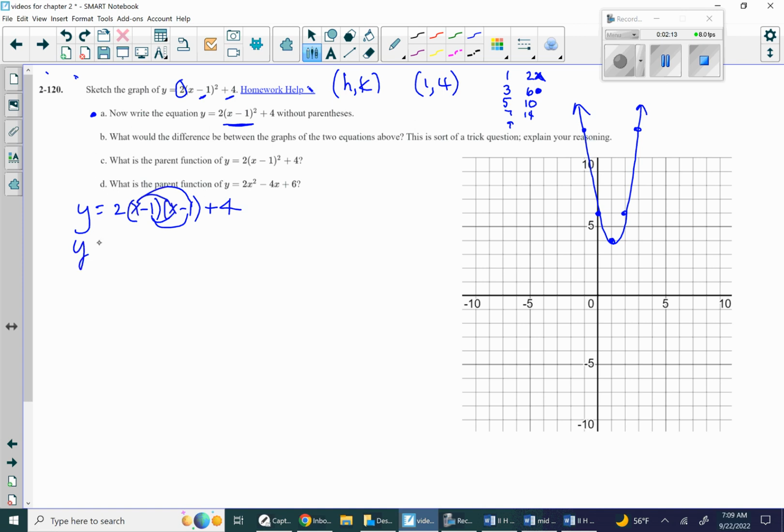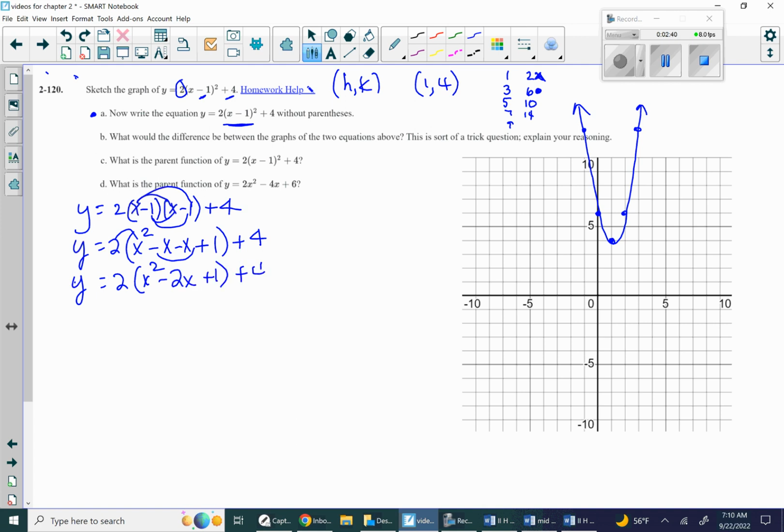So we get y equals 2 times (x squared minus 1x minus 1x plus 1), and then plus 4. Now we have to distribute this 2 fella. Well, actually, let's combine terms first. So y equals 2 times (x squared minus 2x plus 1).